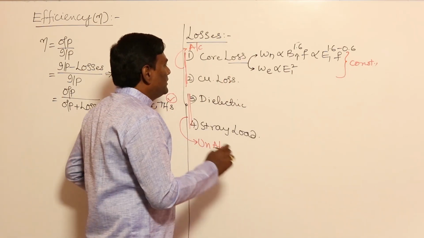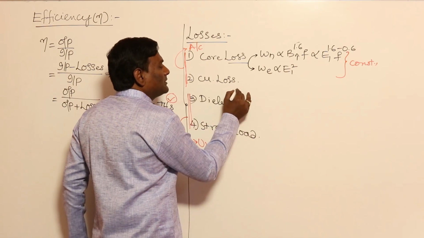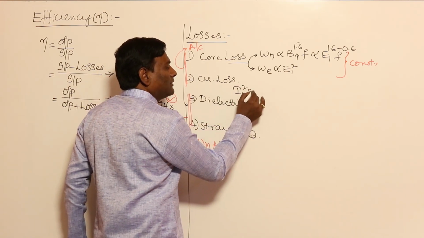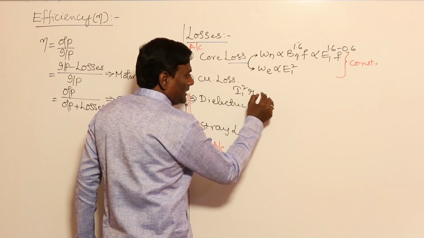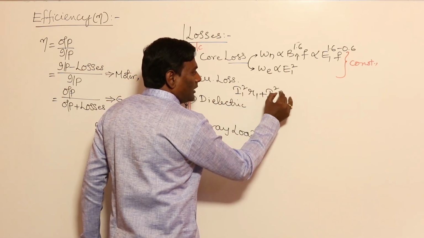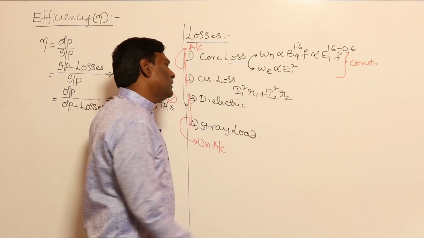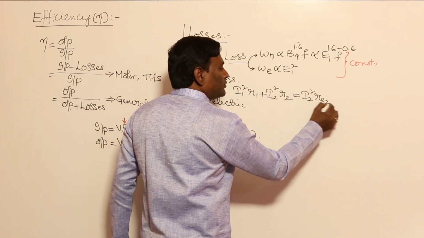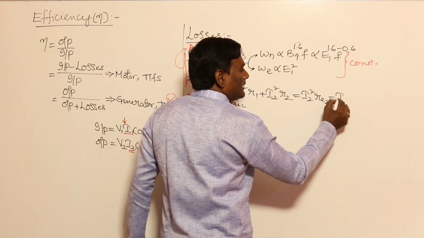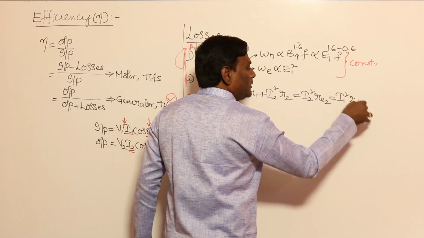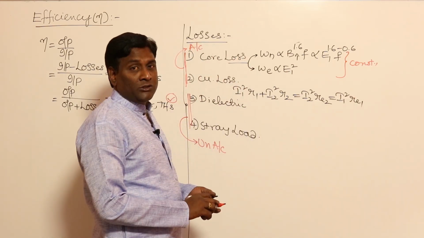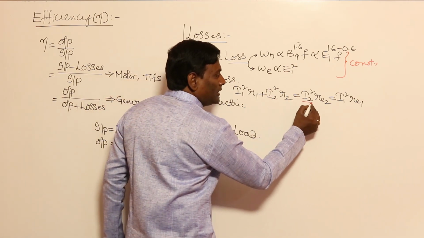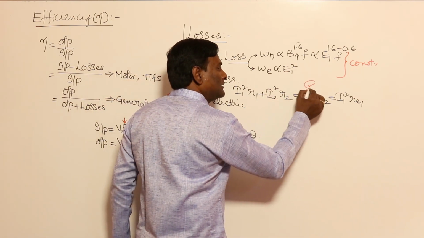And if you think of copper loss, it can be written as I1 square R1 plus I2 square R2, or I can rewrite it as I2 square Re2, or I can rewrite it as I1 square Re1. Out of these three, which is better to take? Independent variable is there, so I am going to consider this.